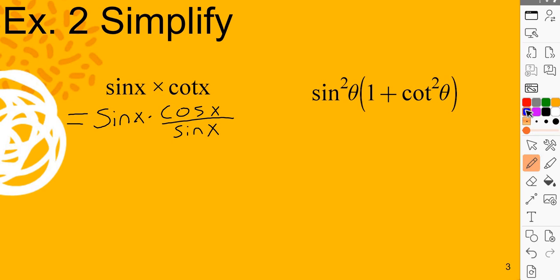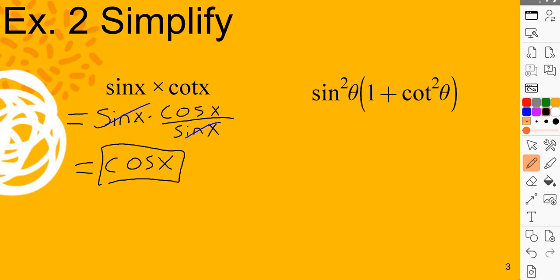We can reduce. Correct. Sine divided by sine gives us 1, and so then we're just left with a cosine of x. Did I get rid of my multiplication? Yes. Do I only have one trig function now? Yes. So we have simplified it as much as possible. So that's my answer.